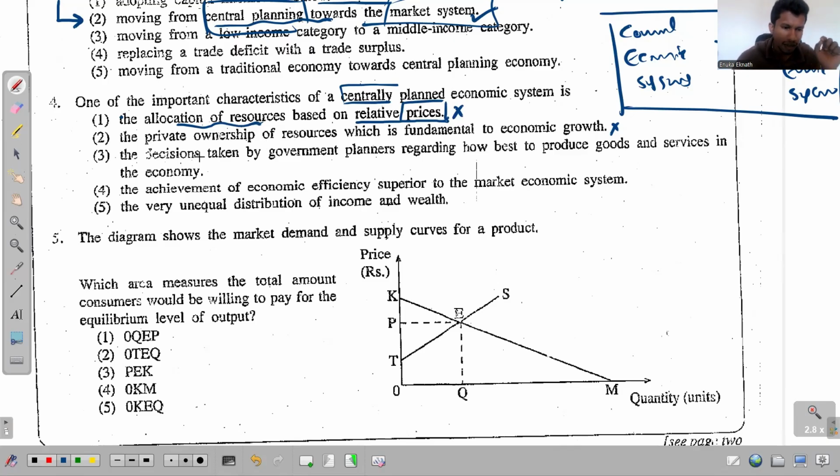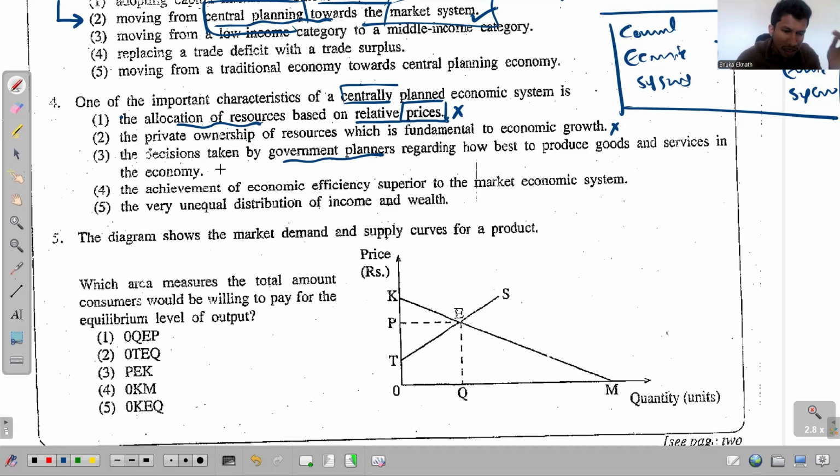The third one, the decisions taken by government planners regarding how best to produce goods and services in the economy. Of course, if it's a centrally planned economic system, the government planners, if not the central planning authority, make the decisions with regard to basic economic problems.